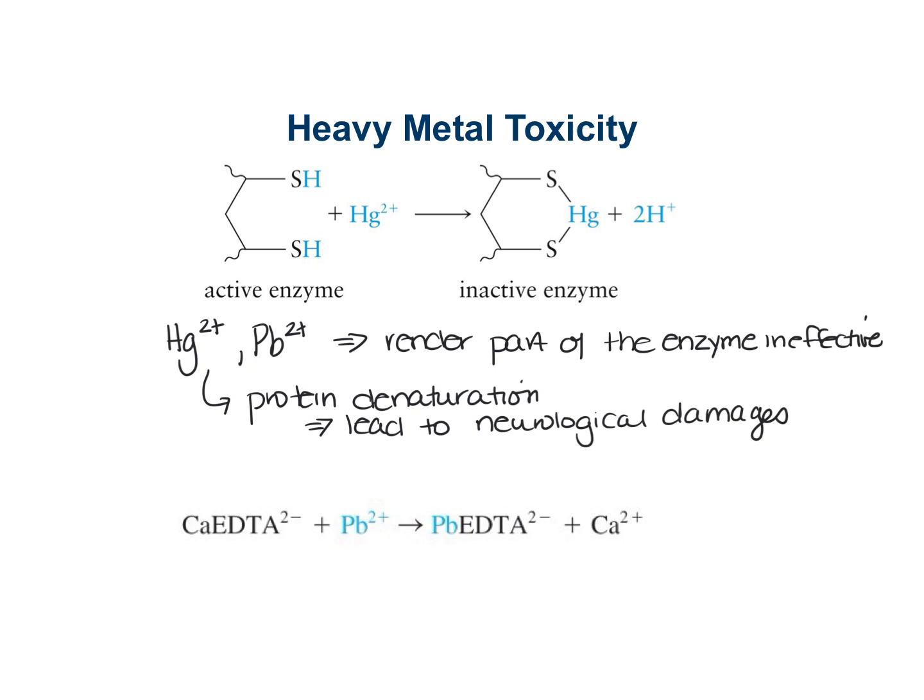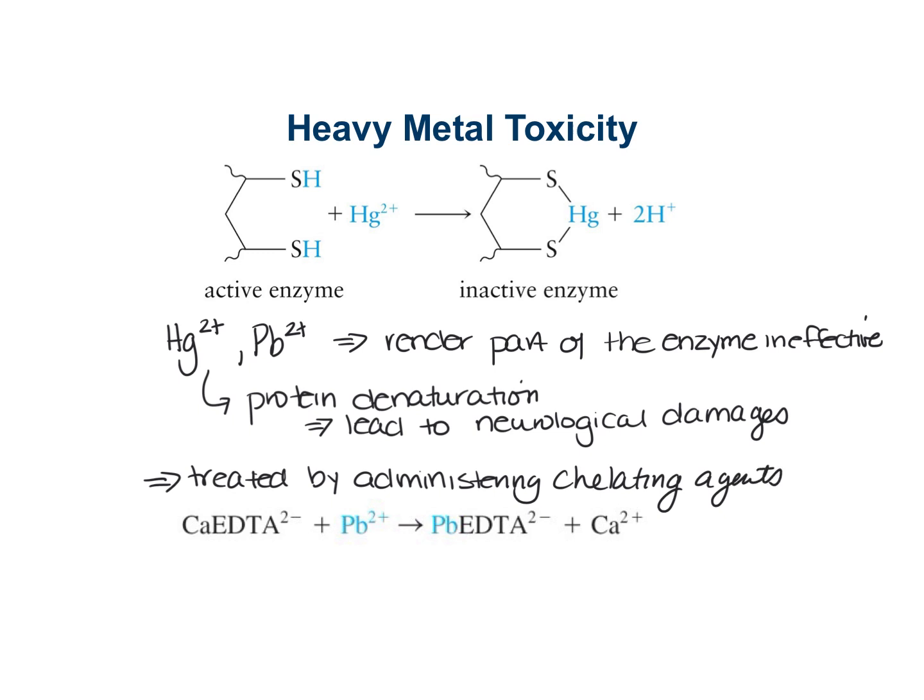Now, so how do you treat it? Well, heavy metal poisoning is treated by administering chelating agents. Now, what are chelating agents?